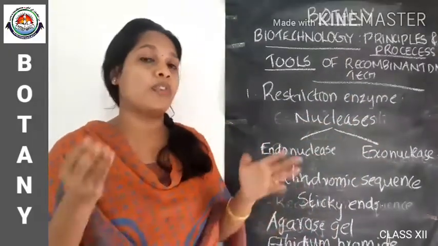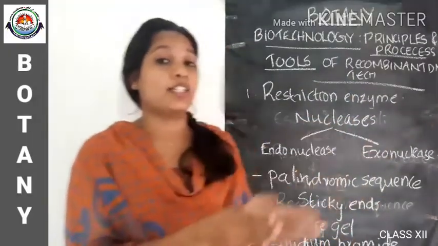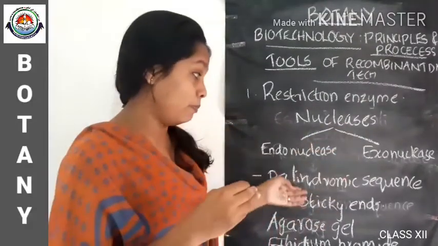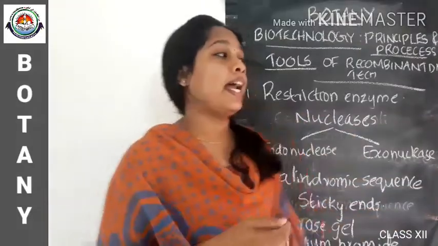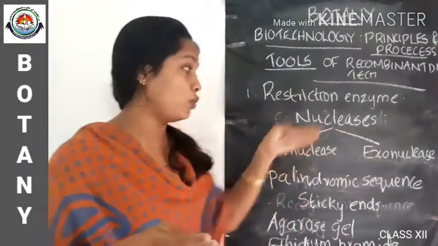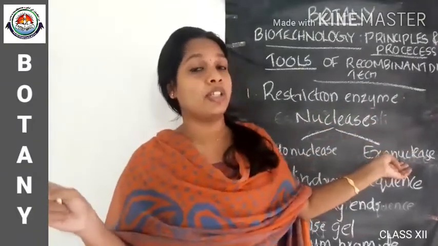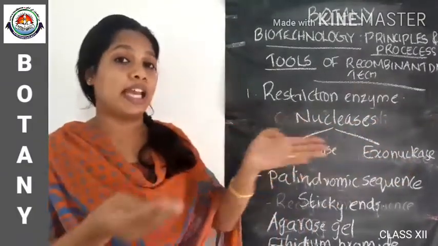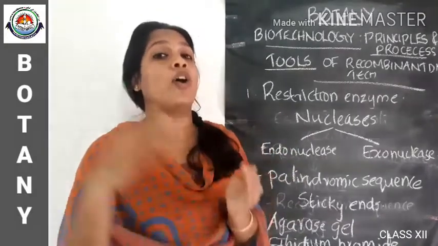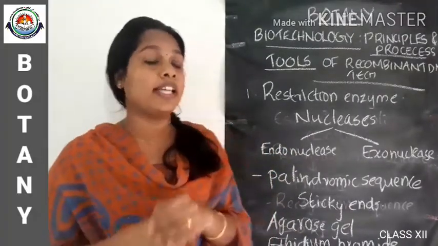So the activity of a restriction enzyme is restricted to specific sites called restriction sequences, and there are two types of restriction enzymes, endonuclease and exonuclease, based on their activity, which is either cutting within the DNA or at the end of a DNA.